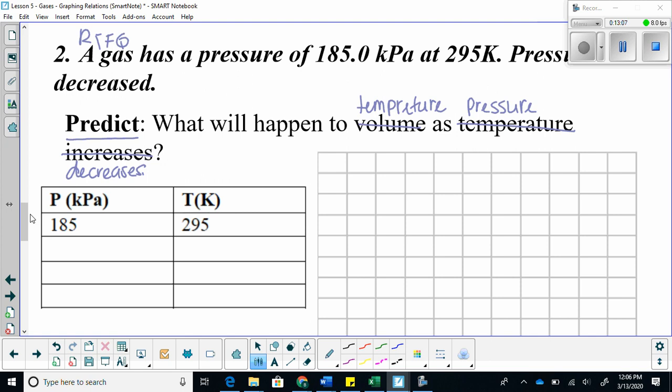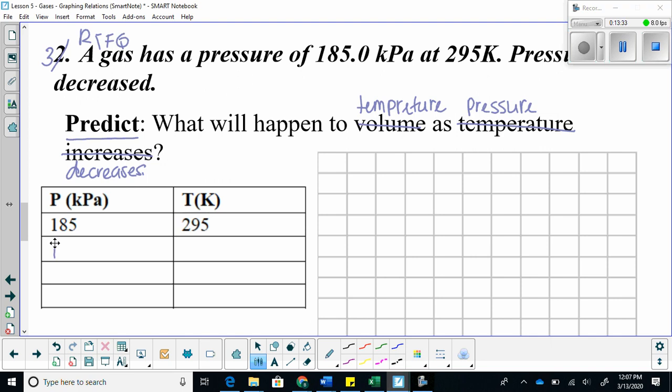Okay, listen. So now, for this one, you will be physically manipulating the variable on your own. So what is it saying is happening to pressure? Decreases. So you need to pick numbers that show that the pressure is decreasing. So if it's decreasing, you pick a number under 185.